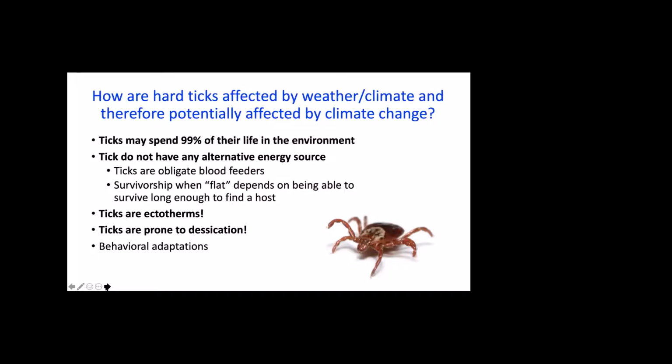So there are things that they can do. I mean, they are actually a very successful group. They potentially have been around since the Devonian. And so they've been able to survive different ranges of climate, but they have behavioral adaptations.